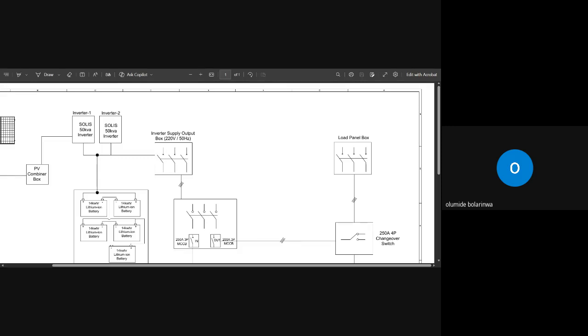It's like a BOQ, but whatever you see on that BOQ is what you'll be seeing in your taking off list, nothing else. Any question, please?